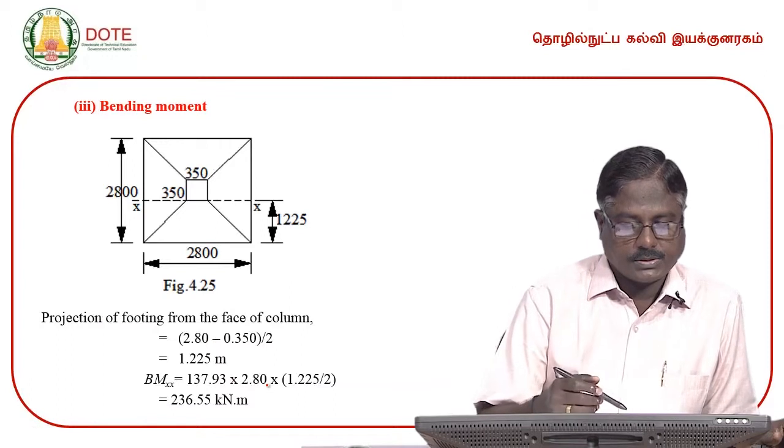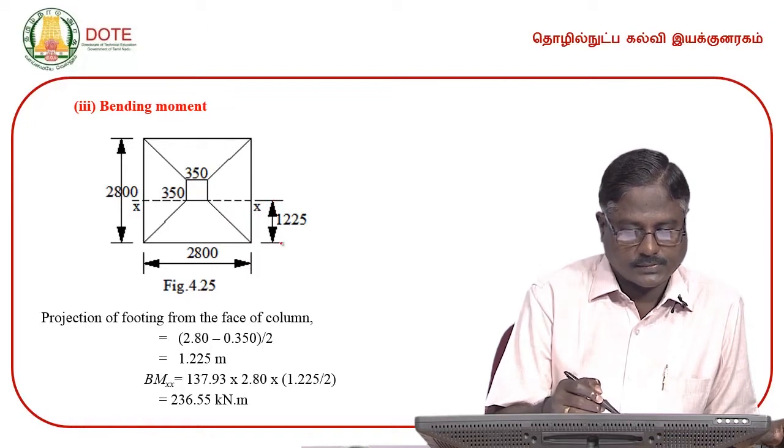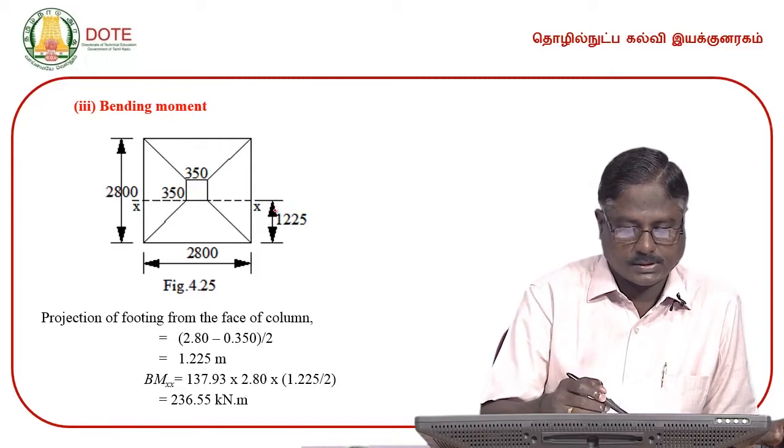And again, the bending moment at the critical section, the face of the column. So, the projected length is found to be 1225 millimeters, and the bending moment along this section xx. This is the length of the cantilever portion, and we can take this as the fixed support.